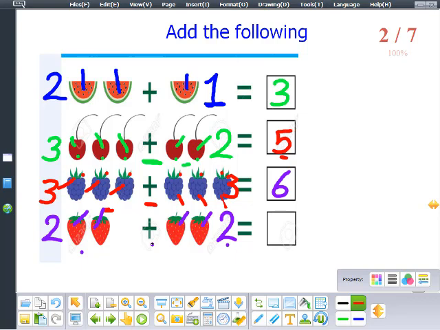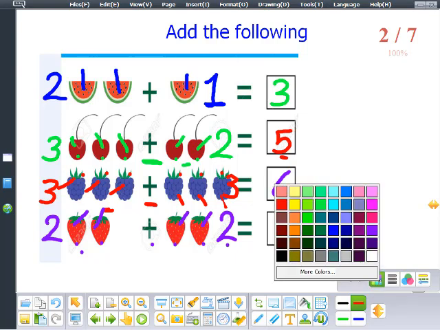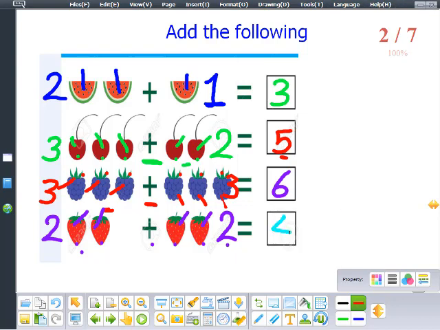Now let's count all of them. 1, 2, 3, 4. Here we have 4 strawberries. Let's write number 4. Well, here's number 4.